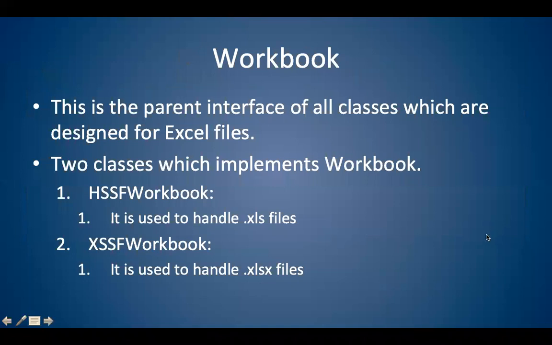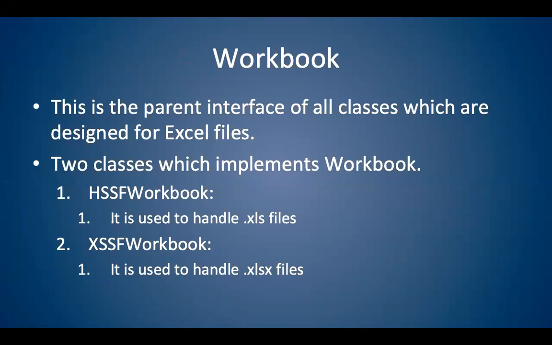Next, we have a Workbook interface here in Apache POI. The same interface we have seen in JXL also. This is the parent interface of all classes which are designed to handle Excel files. Let's say if you want to handle an XLS file, you have the HSSF class.